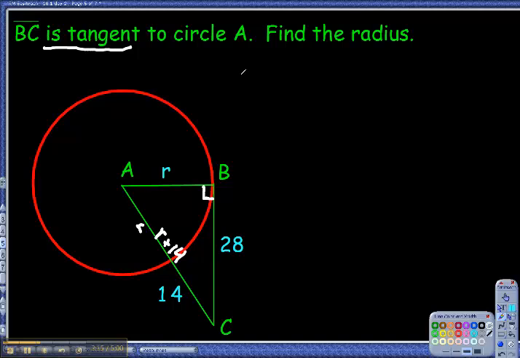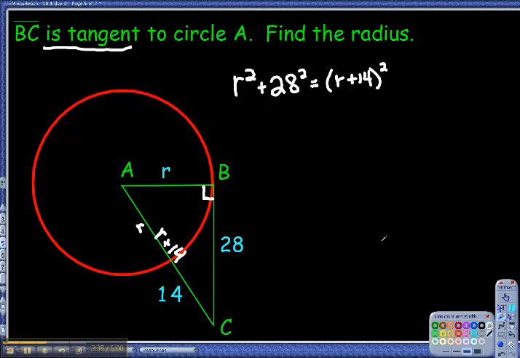So now the question is, it's actually not a question because we know it's perpendicular. We have an equation that we can write. R squared plus 28 squared equals our R plus 14 squared. Notice this is a quantity squared. This is more than just saying R squared or 14 squared. This is a whole quantity, an addition problem.